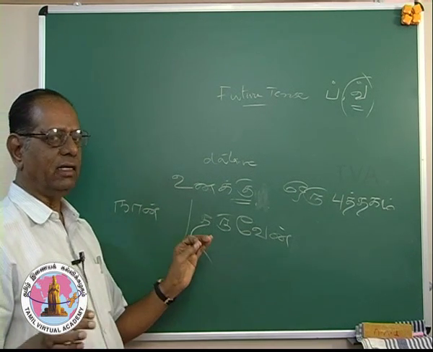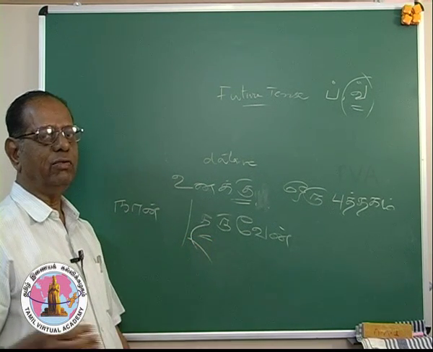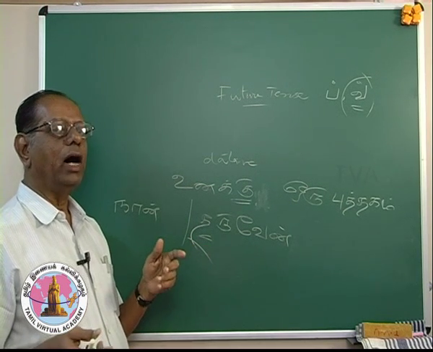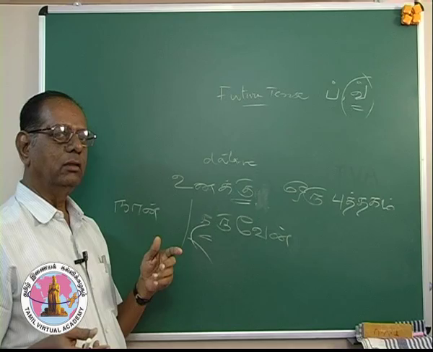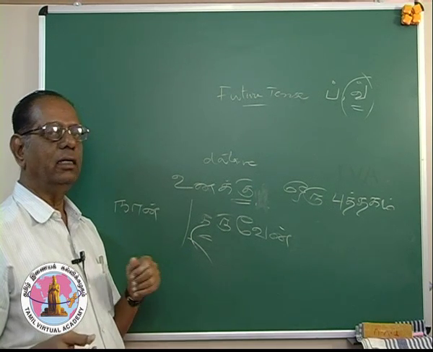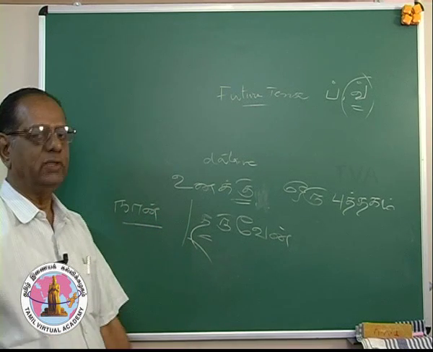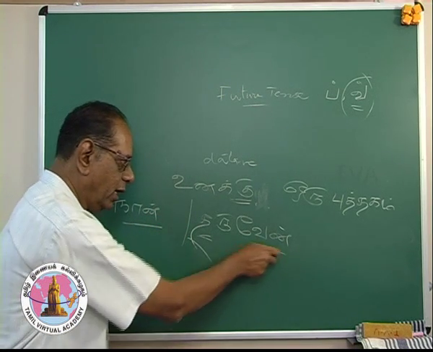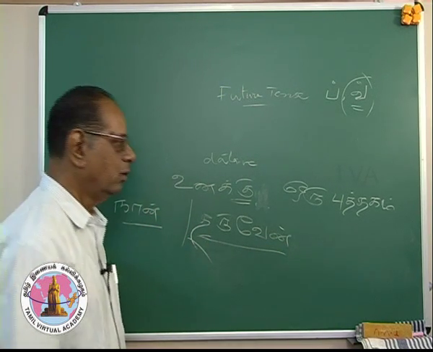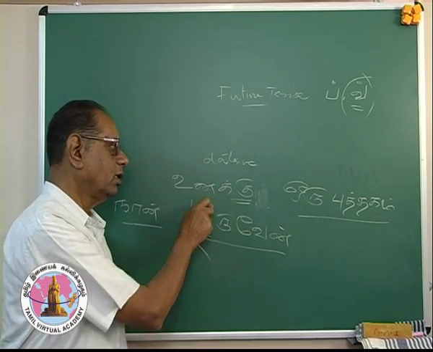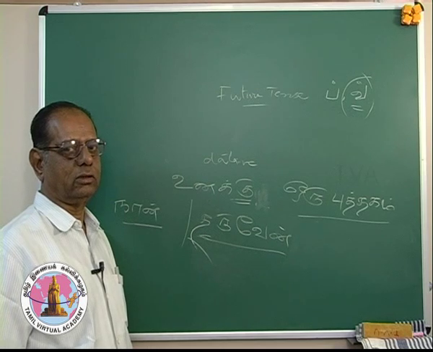This is a perfect sentence, an example for the construction in which you have both a direct and indirect object. நான் subject, தருவேன் verb, ஒரு புத்தகம் object and உனக்கு is indirect object.